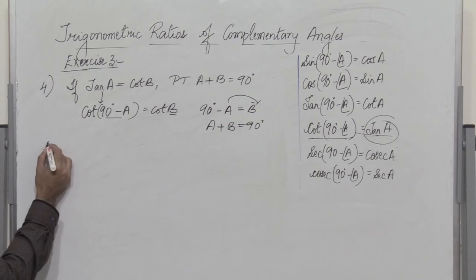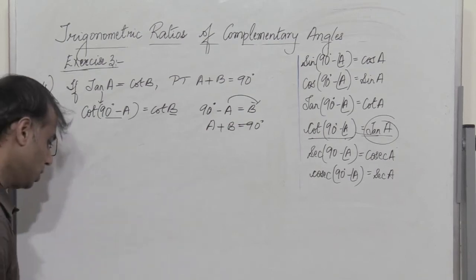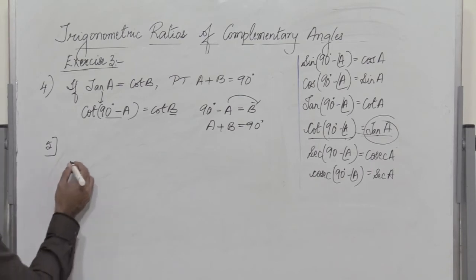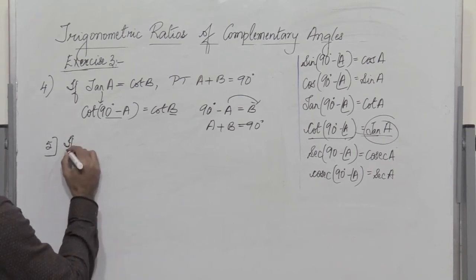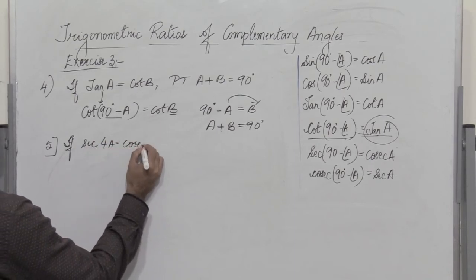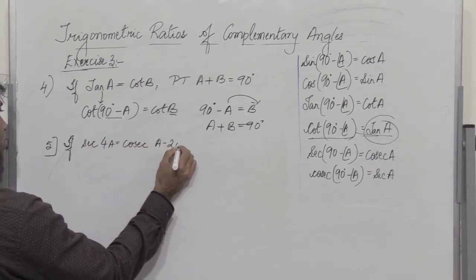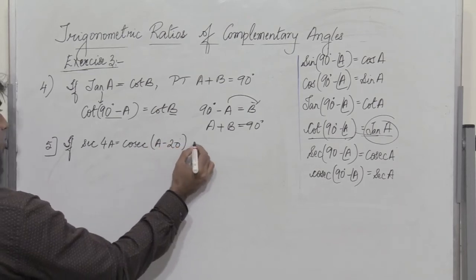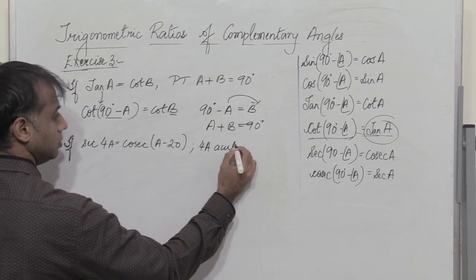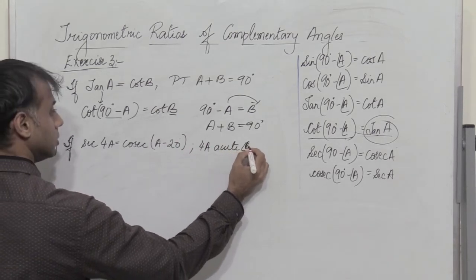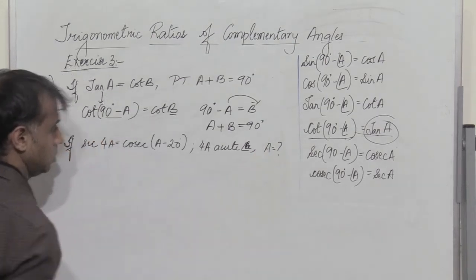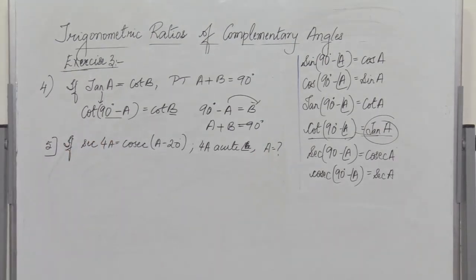So let's move on to problem 5, which states that if secant 4A equals cosecant of A minus 20 degrees, and if 4A is an acute angle, find the value of A. Again the problem is very simple.